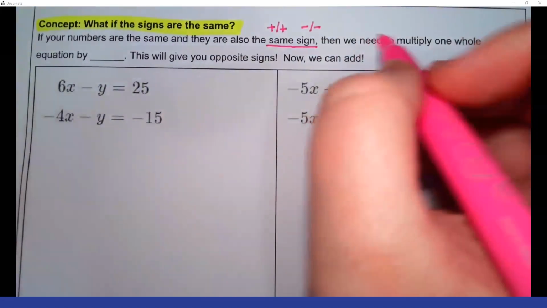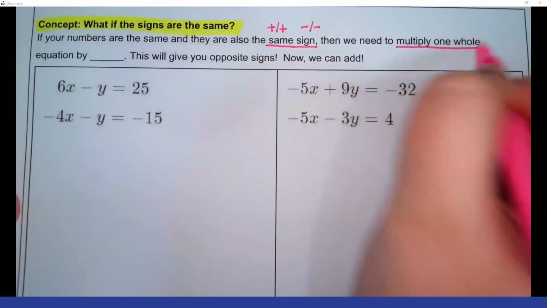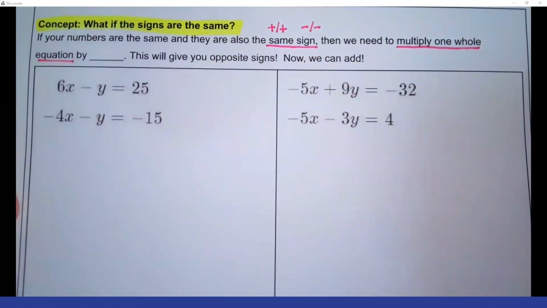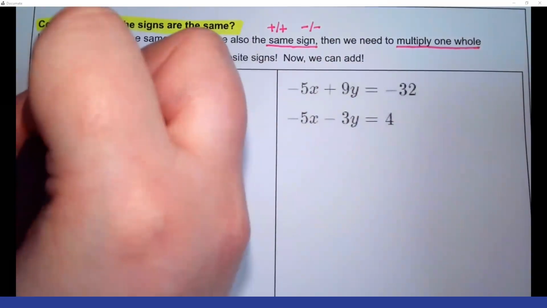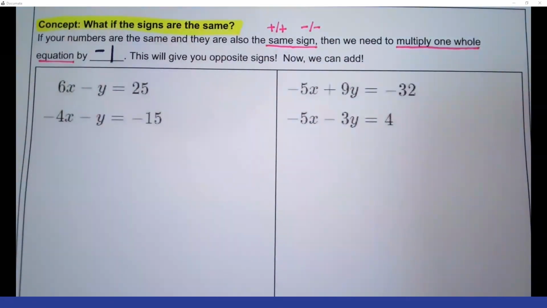Then we need to multiply one whole equation by -1. This will now give you opposite signs, and now we will be able to add them together.